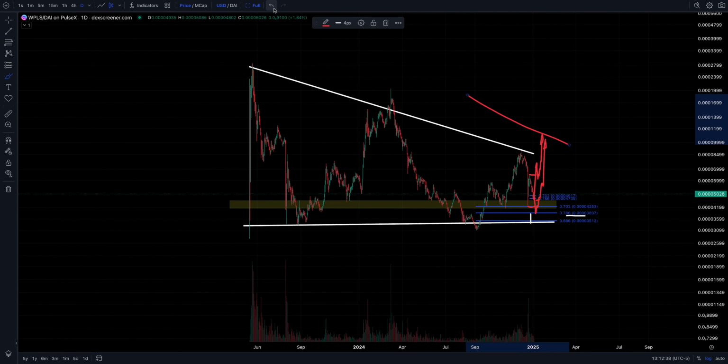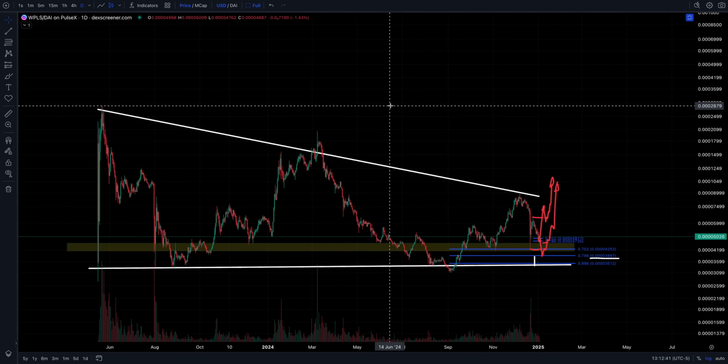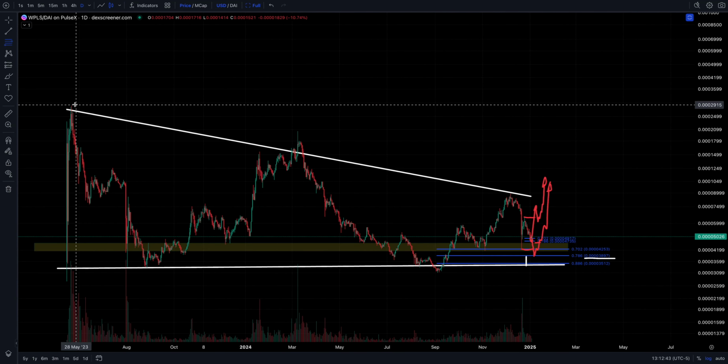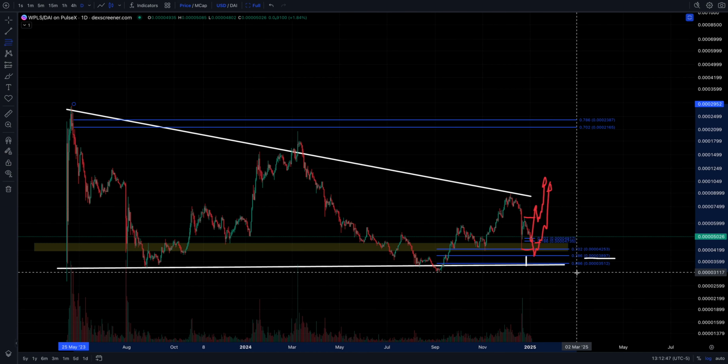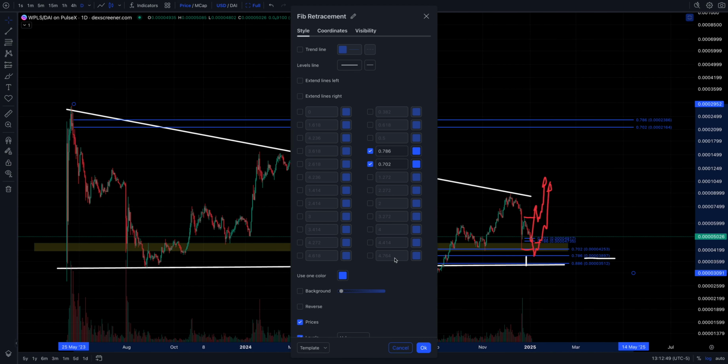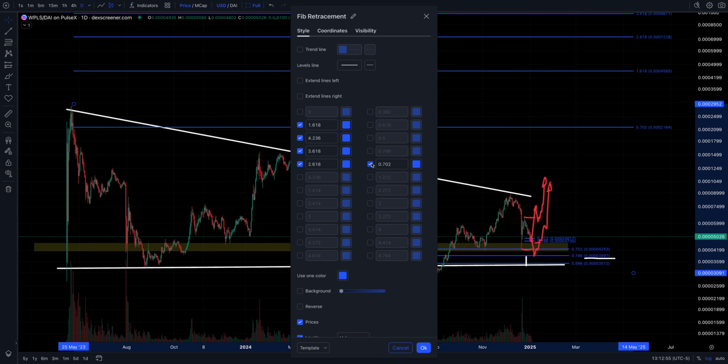And then for the targets, what we're going to do is take a fib from this high, from the highest recorded price down to the low, to the lowest recorded price within this range. We're going to take a look at the linear scale and do the same thing we did on PulseX.